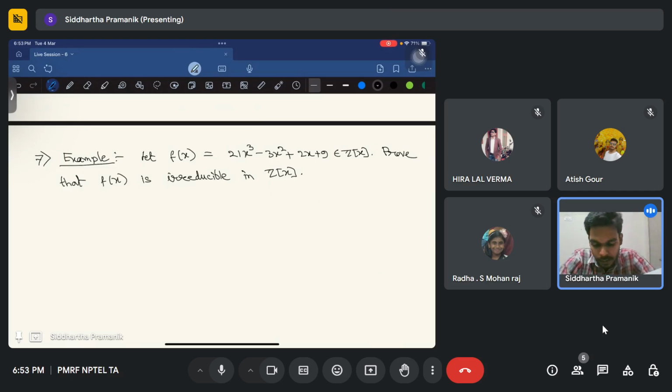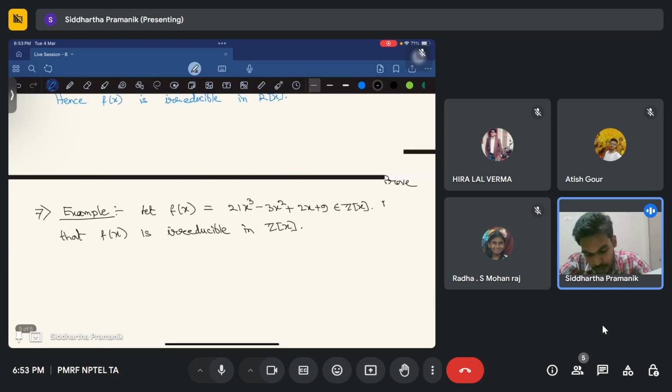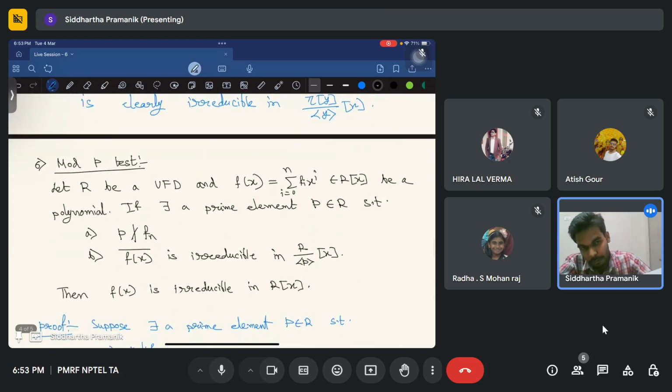So you need to find some prime element p in Z. Then you have to reduce modulo that p. So just see the conditions for the prime element. P should not divide the leading coefficient of fn, and the image of fx should be irreducible in this polynomial ring of the quotient.